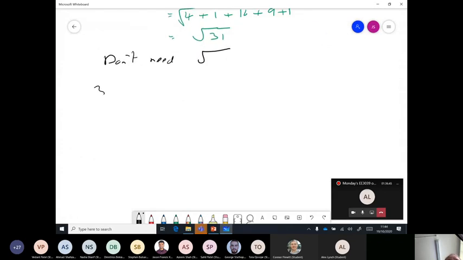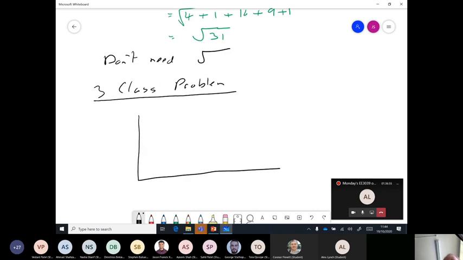Right, 3-class problem. Again, I can only show the behavior in 2 dimensions. This is dimension 1, and this is dimension 2.